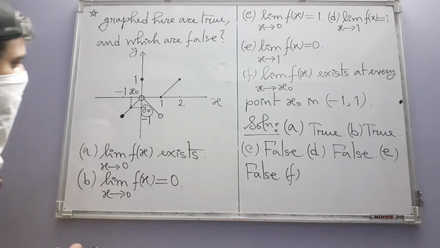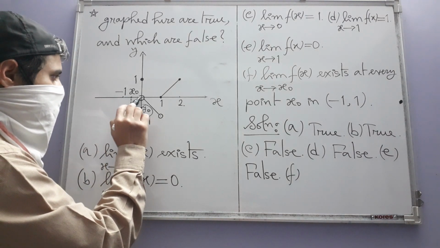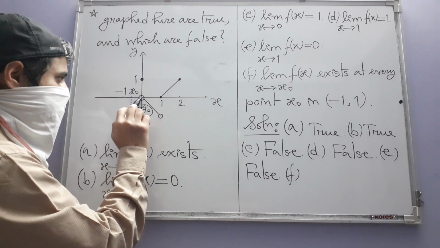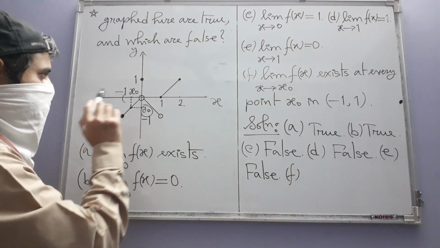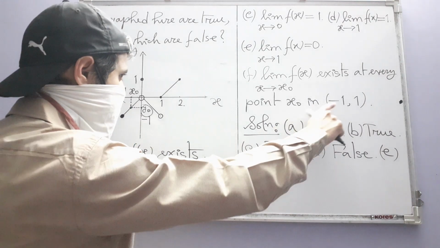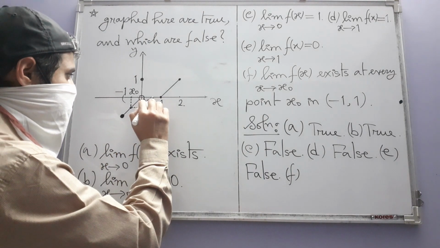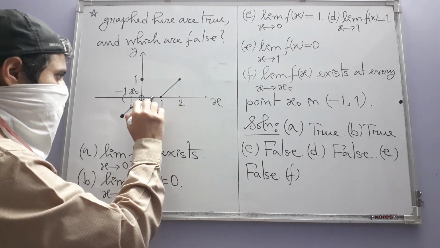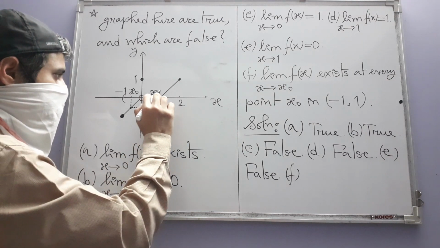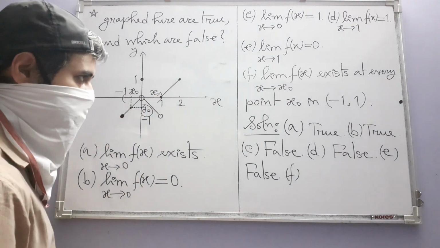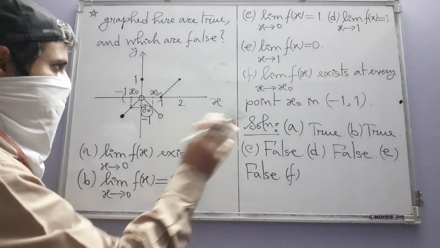And you can see that it does not matter where we consider this x0 on the left side of the y-axis, as long as we do not touch -1. And a similar argument tells us that if we take our x0 on the right side of the y-axis and not touching 1, then also the limit exists, whatever it is.